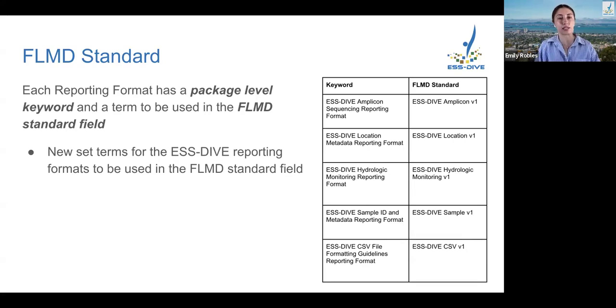So what we're doing in this version 2 update is including a set of terms for each of the ESS-DIVE reporting formats to be used in this field. This is just an example of a couple of the reporting formats and what the FLMD standard term will look like to be used within the file level metadata file. If there are any questions, again, feel free to put them in the chat.